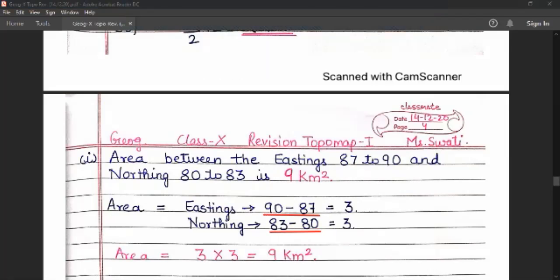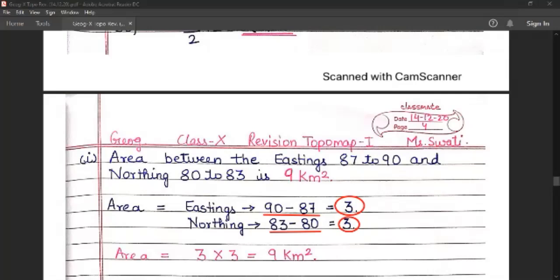So now what we are going to do? We are going to subtract these numbers. Eastings are being subtracted and we get the answer as 3. Similarly, we are going to subtract 80 from 83 and what we get is again number 3.